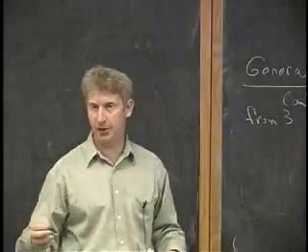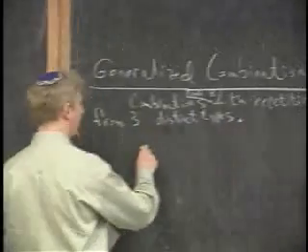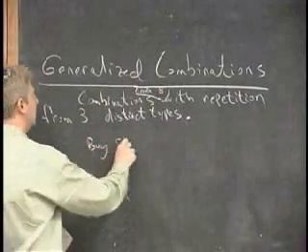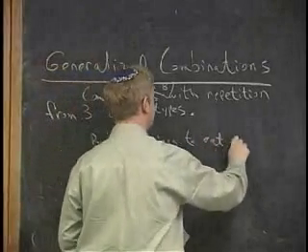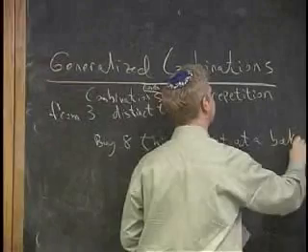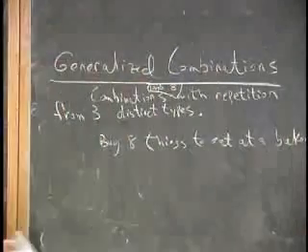You go into a bakery. You want to buy 8 things to eat at a bakery. We'll make it practical.